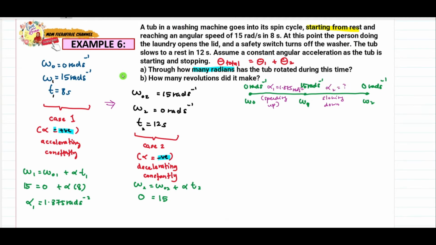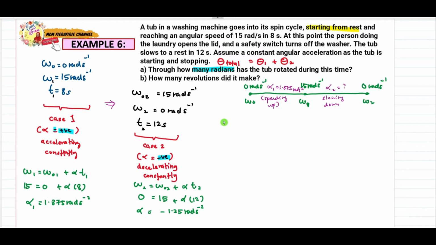So plus alpha T2, dia akan berhenti selama 12 seconds tu daripada 15 radian per second. So dia akan berhenti jadi 0 radian per second dalam masa 12 seconds. So alpha 2 akan dapat nilai negatif 1.25 radian per second squared.